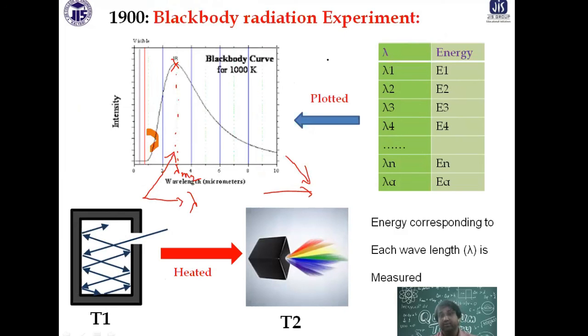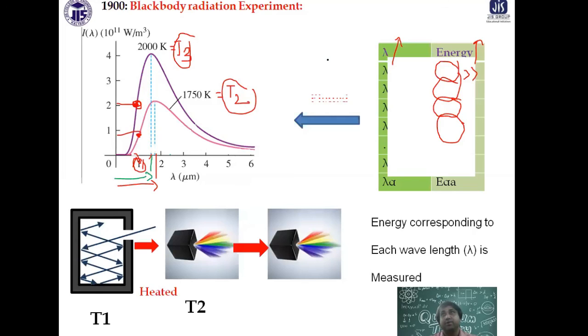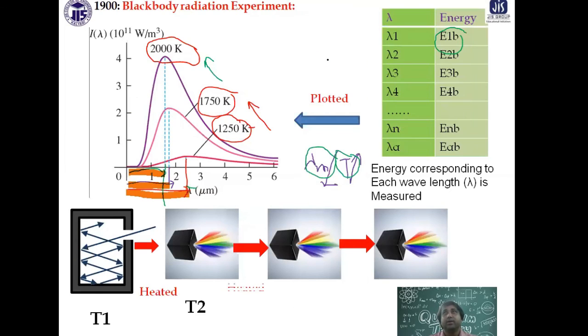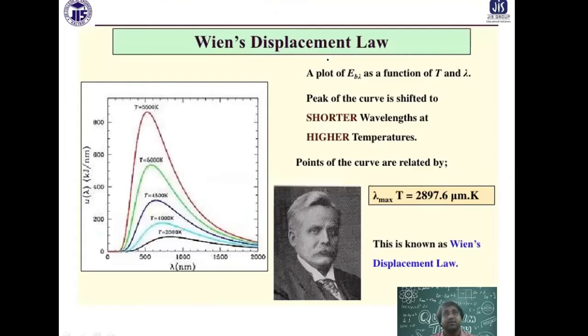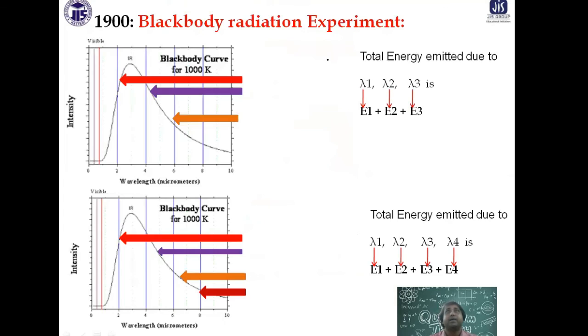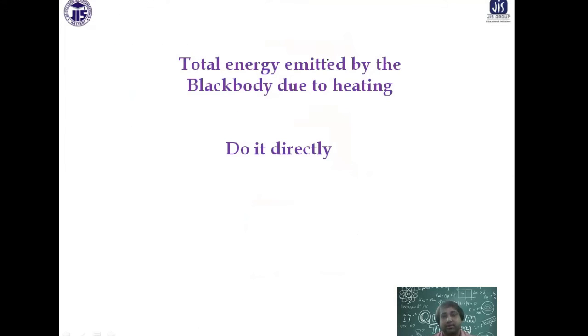My question is, suppose I wish to know the total energy emitted by the black body, because it is losing radiation, which means it is losing energy. So how much energy is it emitting? I give you a task to do at home. Think about it. We'll discuss it in the next discussion. Thank you. Let us meet next day.